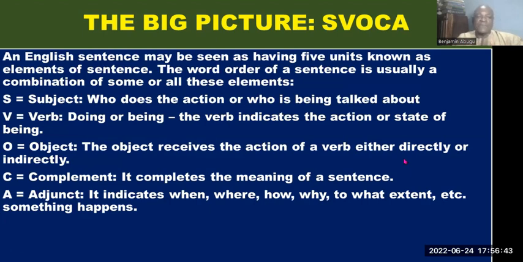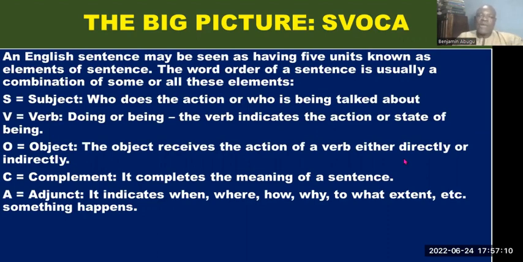Now, S stands for subject, as we earlier saw, and that is who does the action or who is being talked about. V stands for verb and stands for doing or being. It is the word that indicates the action or state of being. The O stands for object, and that is the receiver of the action of a verb, either directly or indirectly.